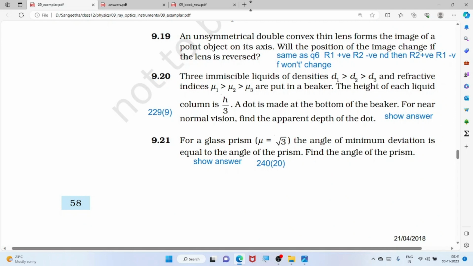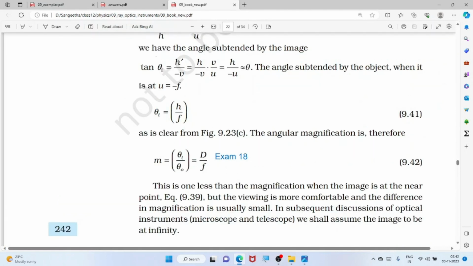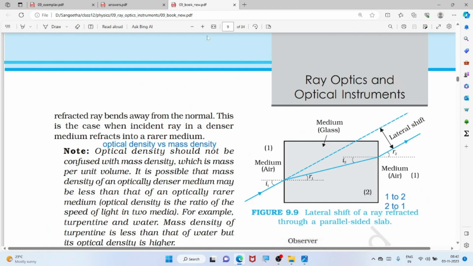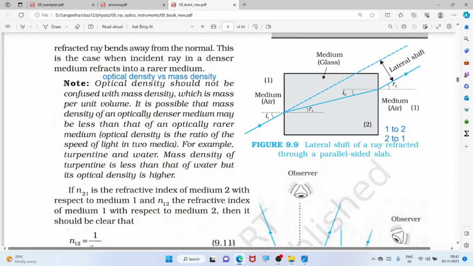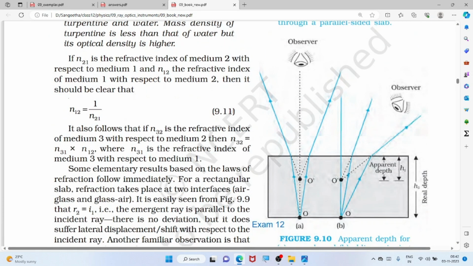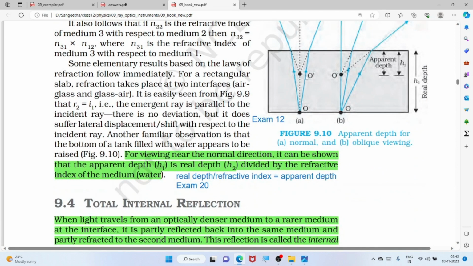The immiscible liquids, the density is given, refractive index, the height of each is given. This is due to the real depth and apparent depth.